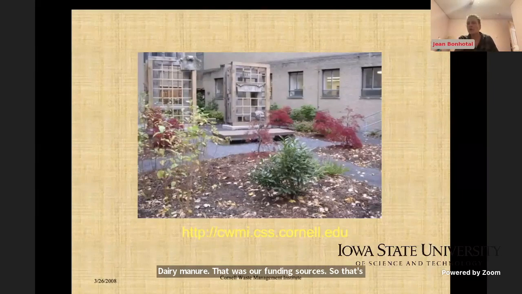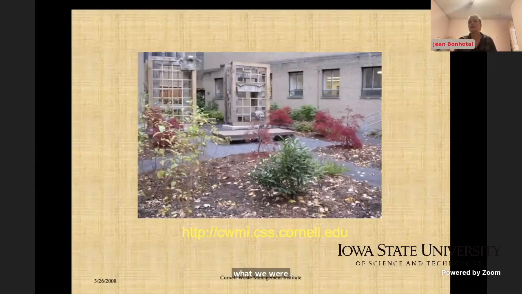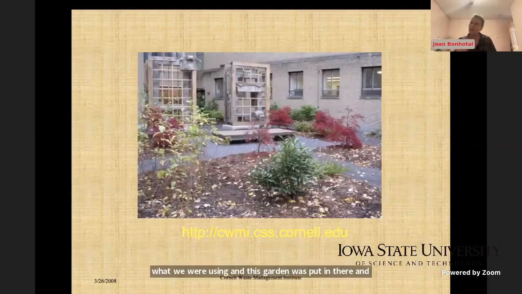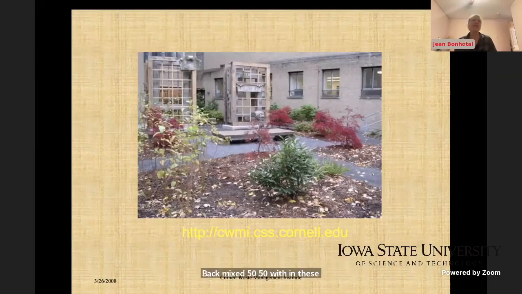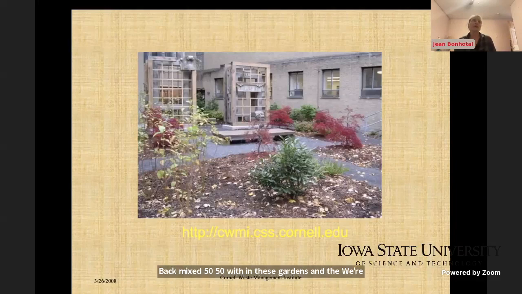This garden was put in there, and pretty much all the soil was taken out. The organic matter was put back mixed 50-50 in these gardens. And we're at about 12 years out now. And these are beautiful gardens. Both dairy and poultry did well.